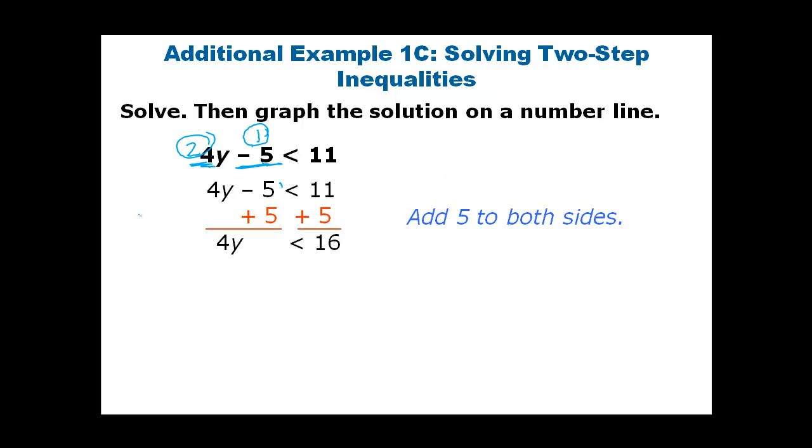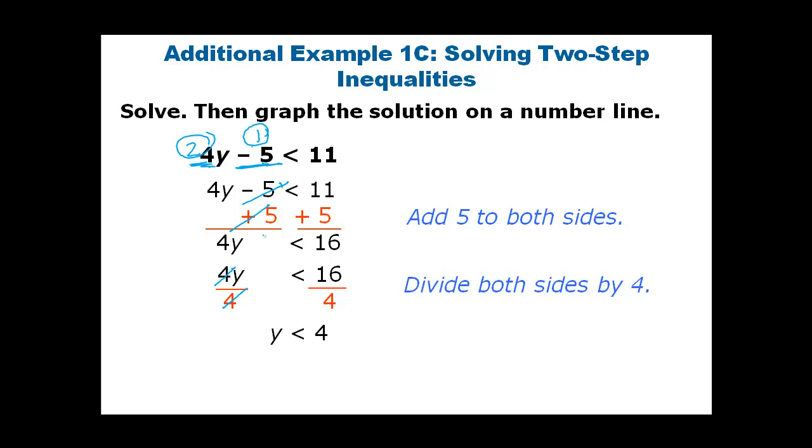Then I have here 5 will go out with 5, and 11 plus 5 is 16. 4y is the same. Let's divide by 4 on both sides. So here I have 4 divided by 4 is 1, and 16 divided by 4 is 4. So y here is smaller than 4.